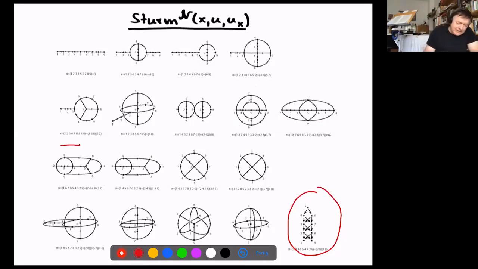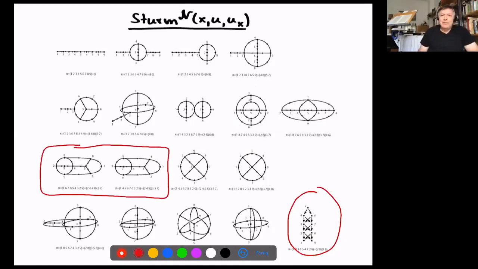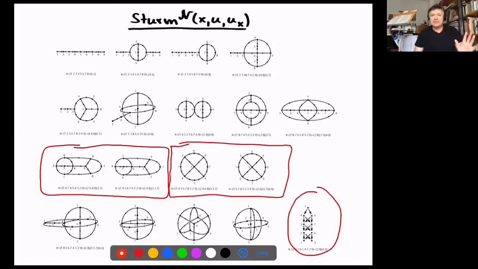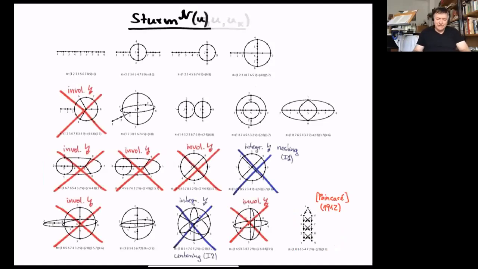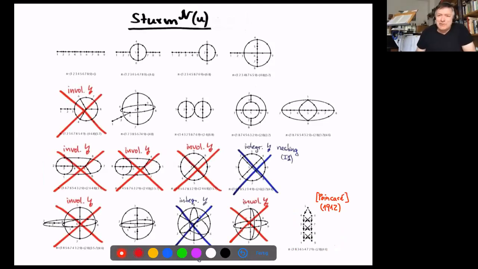Let me draw your attention to a funny coincidence. There are 2 completely different permutations. They are not even conjugate, which show the same attractor. And there are 2 such examples. So this puzzled us for quite a long time. And perhaps I should say that the Poincaré picture, which I showed you in the beginning, is a meander.